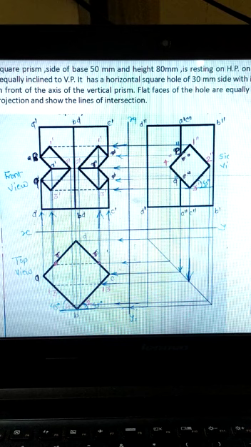So here you have to draw another square of 30 mm side, with the axis of this square prism 10 mm apart from the axis of the main prism. Give the notation 1 double dash, 2 double dash, 3 double dash and 4 double dash.